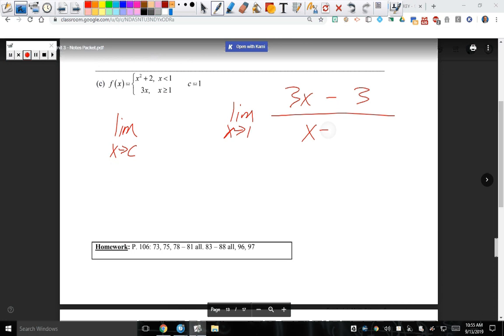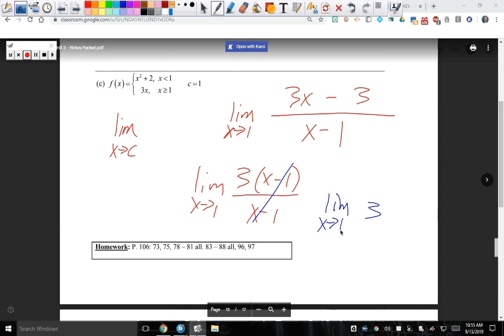And then it's x minus what here on the bottom? 1. GCF tells us we would have this. We canceled out the piece that otherwise would make it undefined. And this should be the answer.